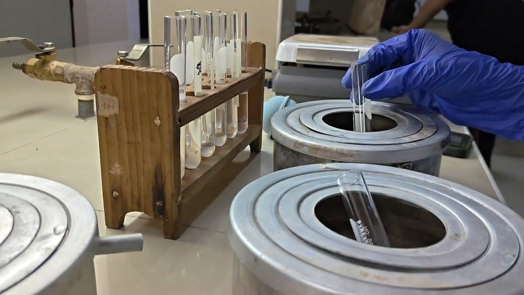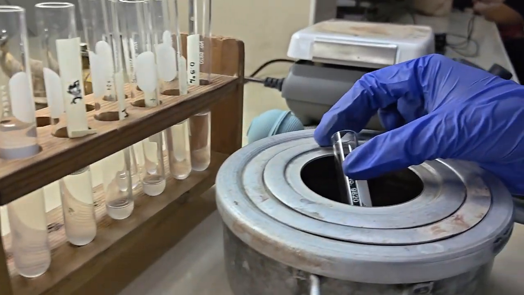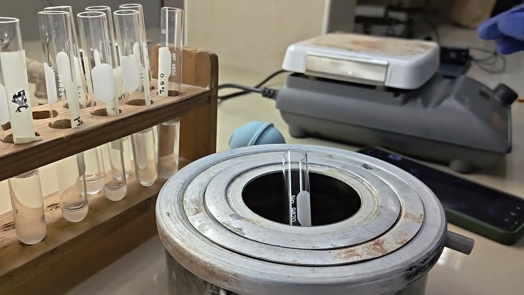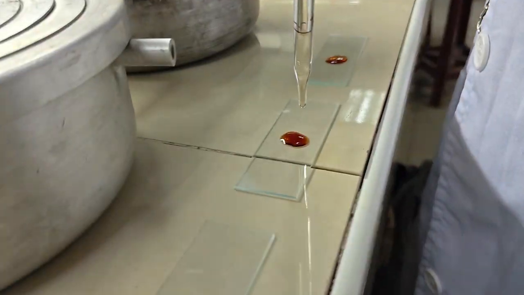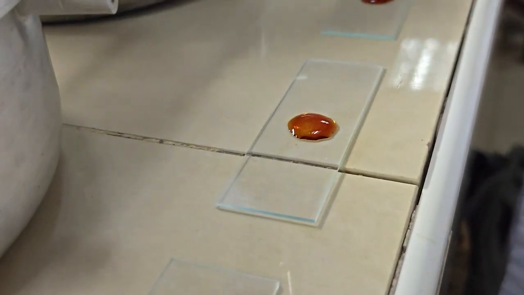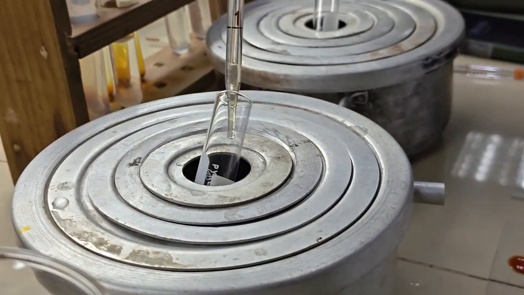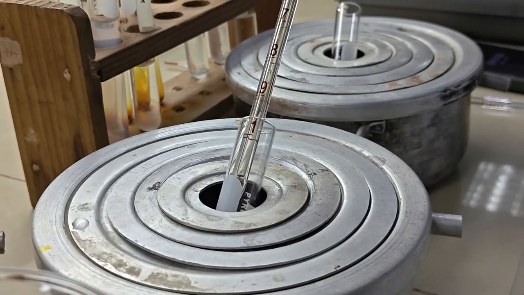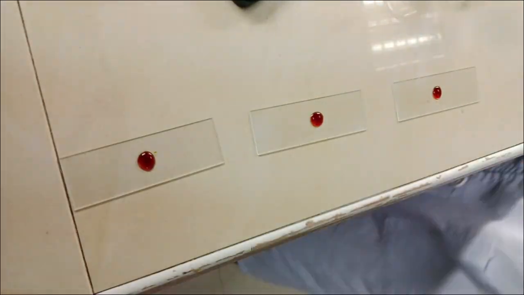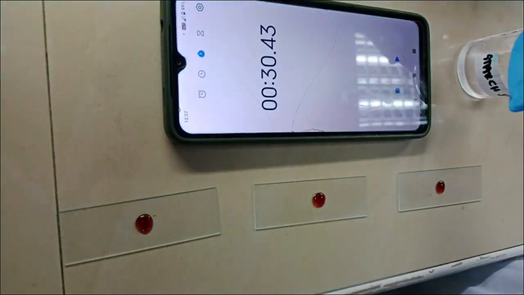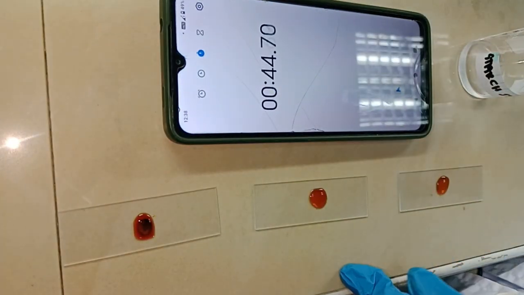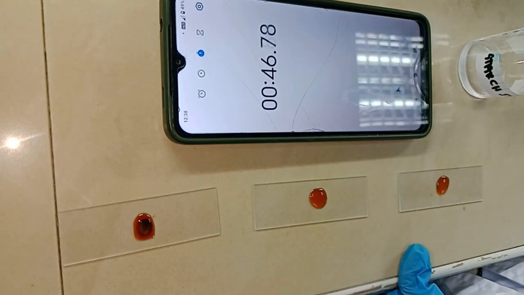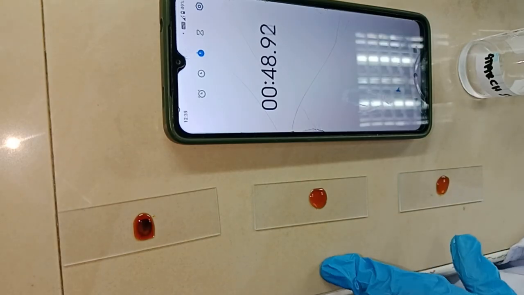Each tube contained 5 ml starch solution, 1 ml filtered saliva, and 2 ml buffer solution of the assigned pH. All tubes were placed in a 37 degrees Celsius water bath to maintain a constant temperature. Every 30 seconds, drops from each mixture were tested with iodine until the blue-black color disappeared. The digestion times were then recorded.